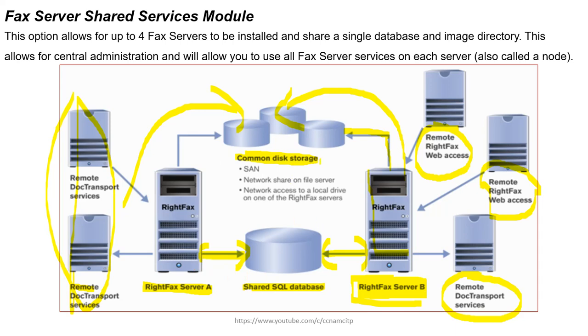This storage can be any SAN, storage area network, or any network share on a file server, or network access to a local drive on one of the RightFax servers. We can create any shared drive here also. So this is how we can deploy the shared service module.